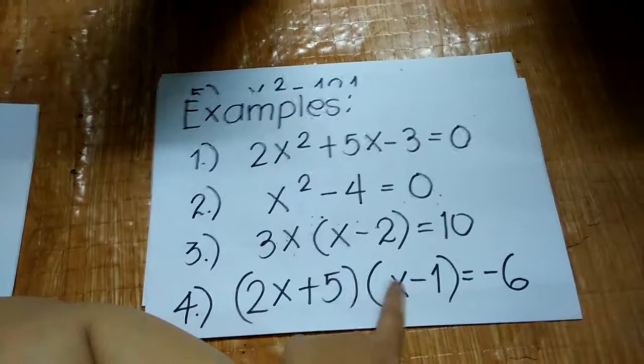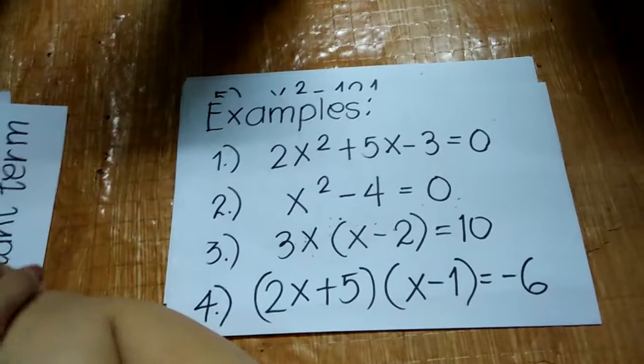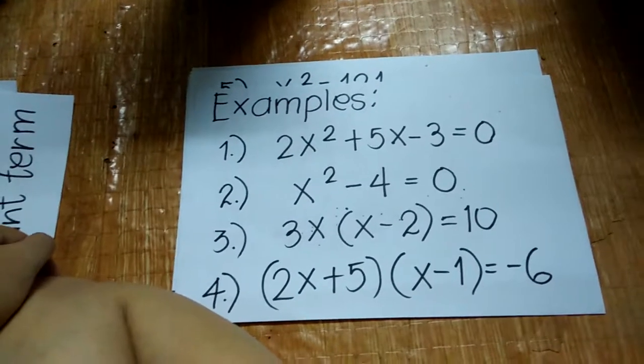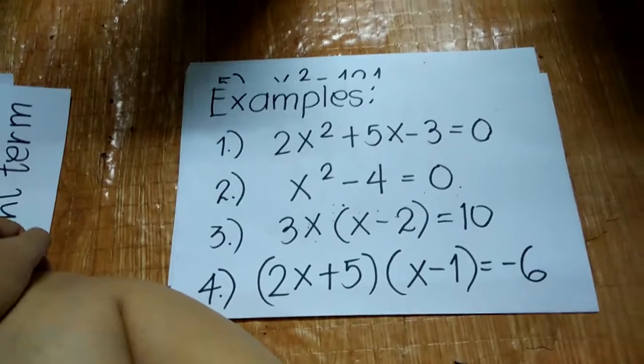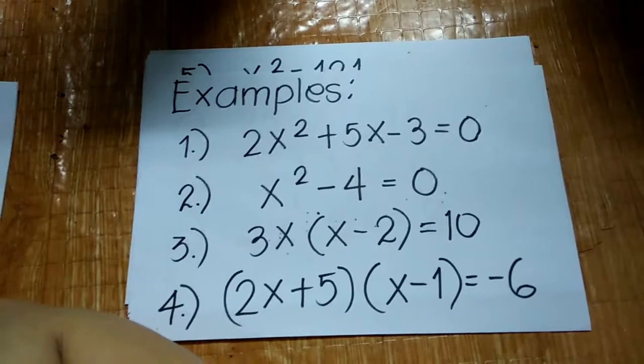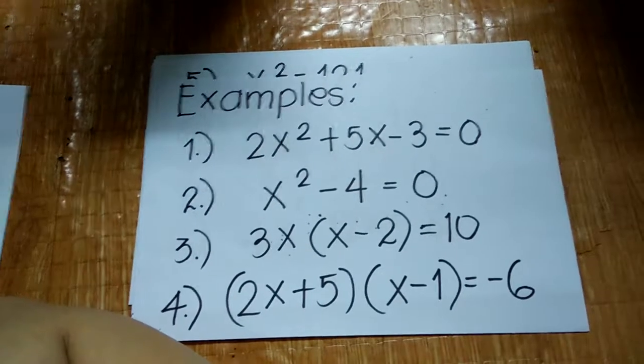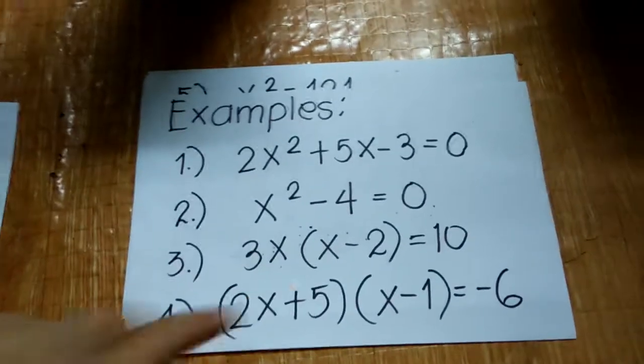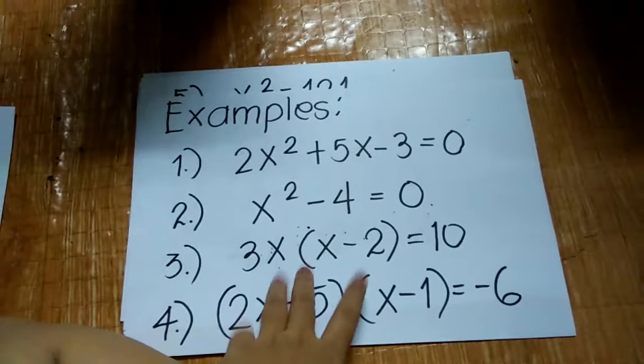And 5 times negative 1 is negative 5. Is equals to negative 6. So again, nagkaroon na naman tayo ng exponent na 2. So we will still consider this as a quadratic equation. Later, ipapakita ko sa inyo yung solution nito.